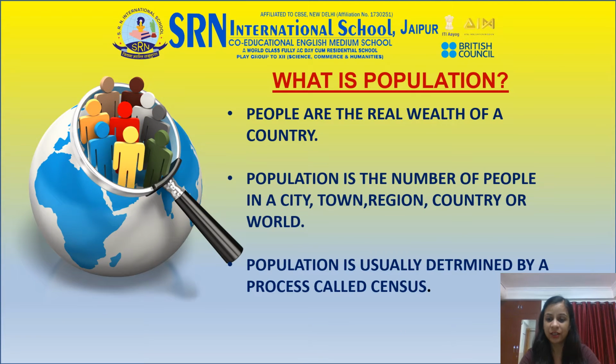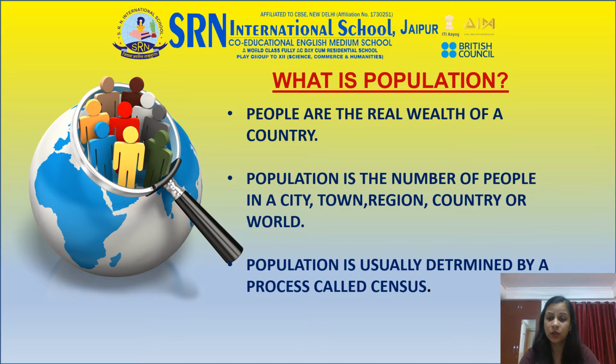The very first thing is, what is population? The general meaning of the term population is the people. Who are the people? People are the real wealth of a country. They are the real asset of the country. Population is the number of people in a city, town, region, country, or the world.